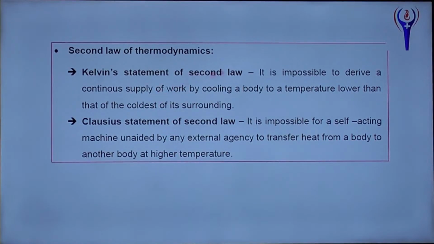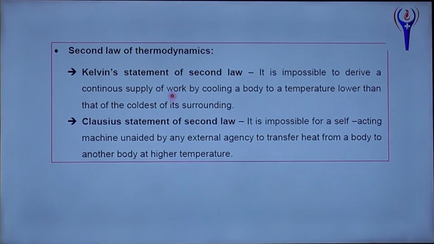Kelvin statement: it is impossible to derive a continuous supply of work by cooling a body to a temperature lower than that of the coldest of its surroundings. This is the Kelvin statement.